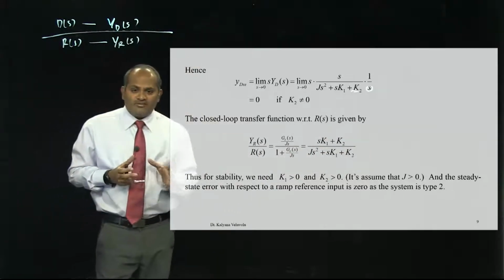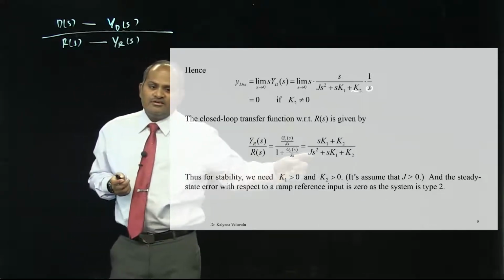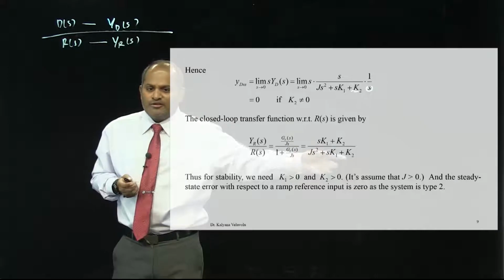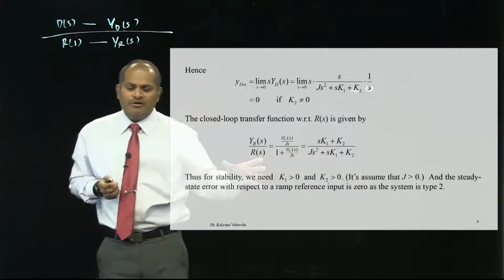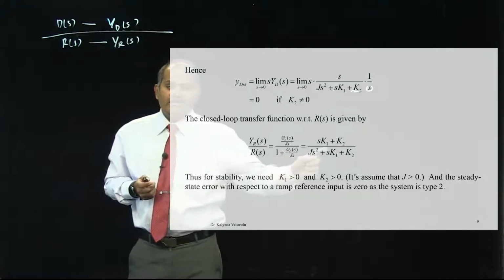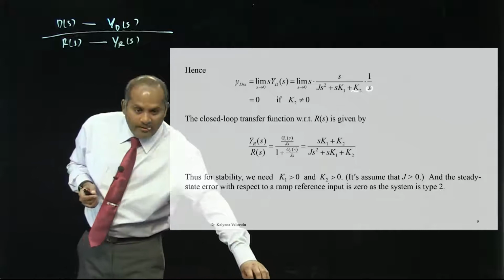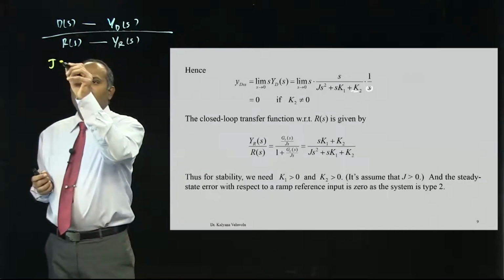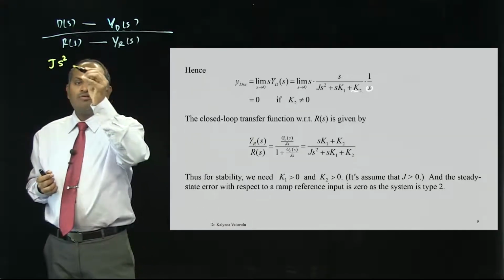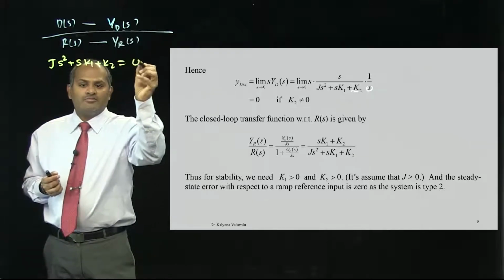Now, coming back to this problem, how can you ensure stability? For stability, you have to formulate the Routh array. However, very simple. If you want the system to be stable, you know that the coefficients J, K1, K2 have to be positive. Here, I have the denominator of the closed loop transfer function, Js square plus sK1 plus K2 equal to 0.